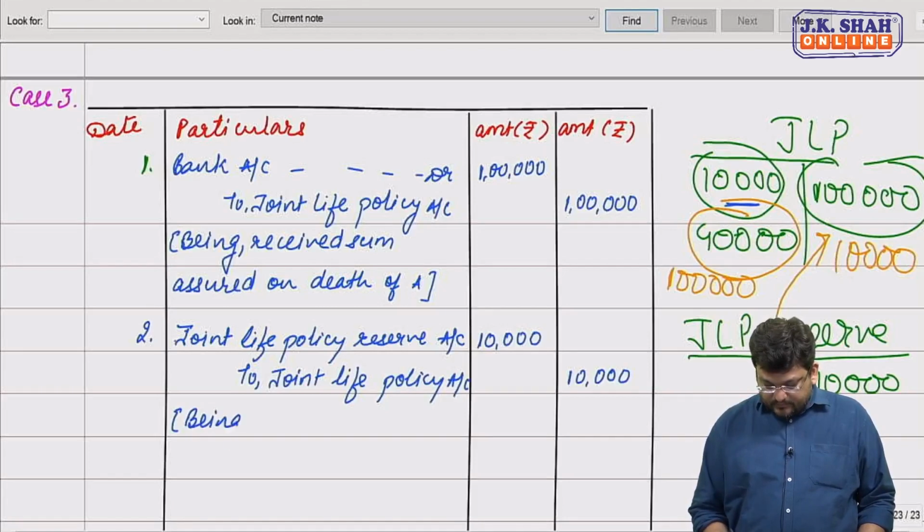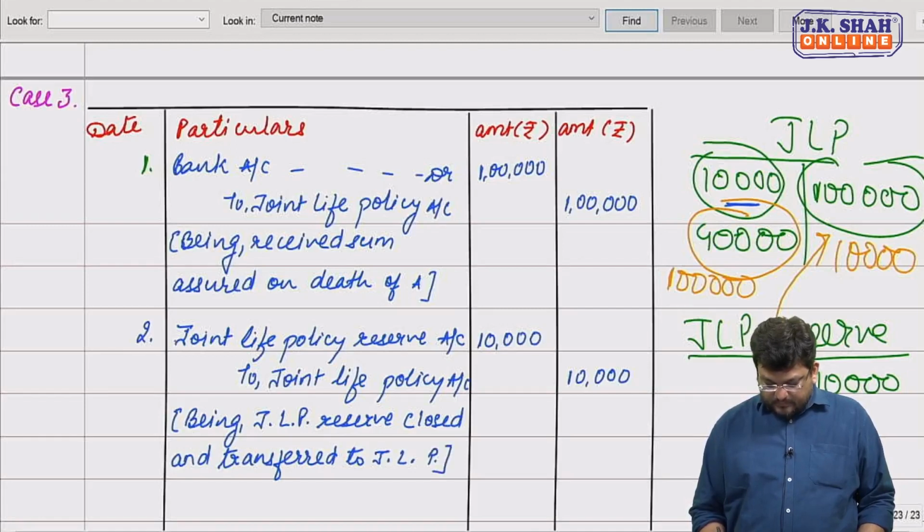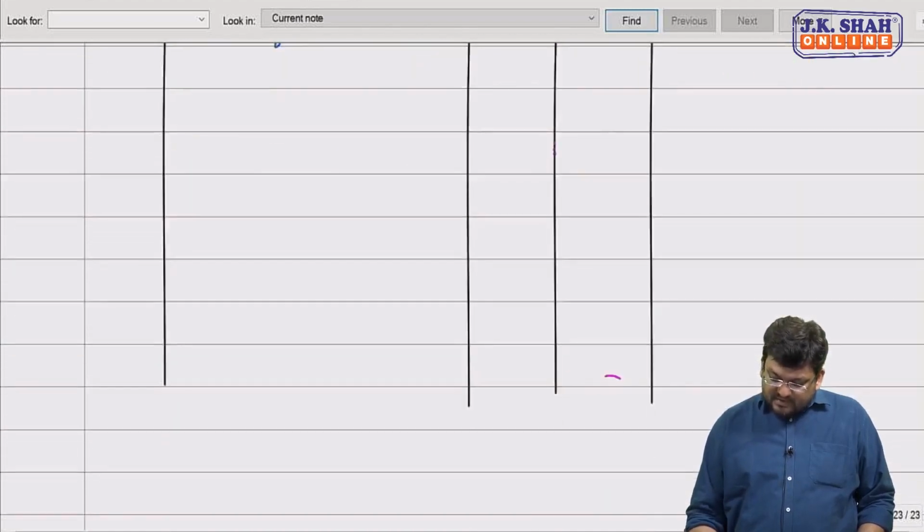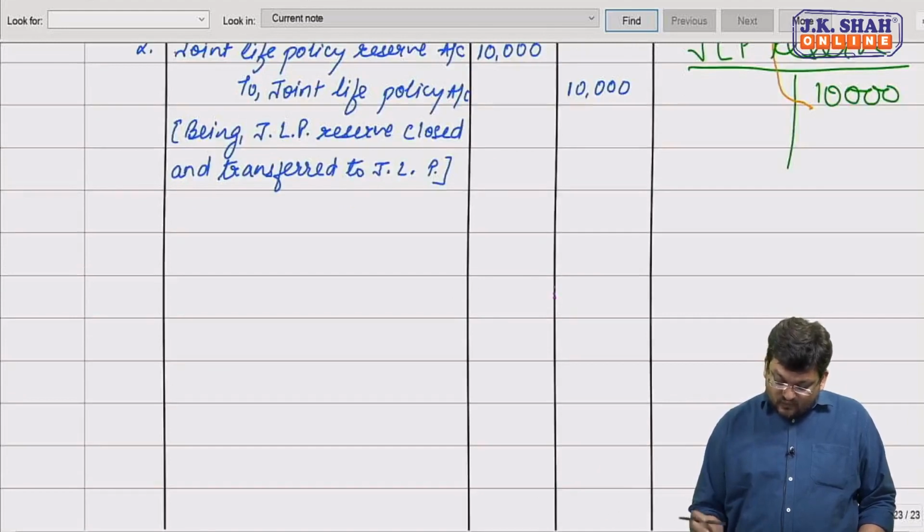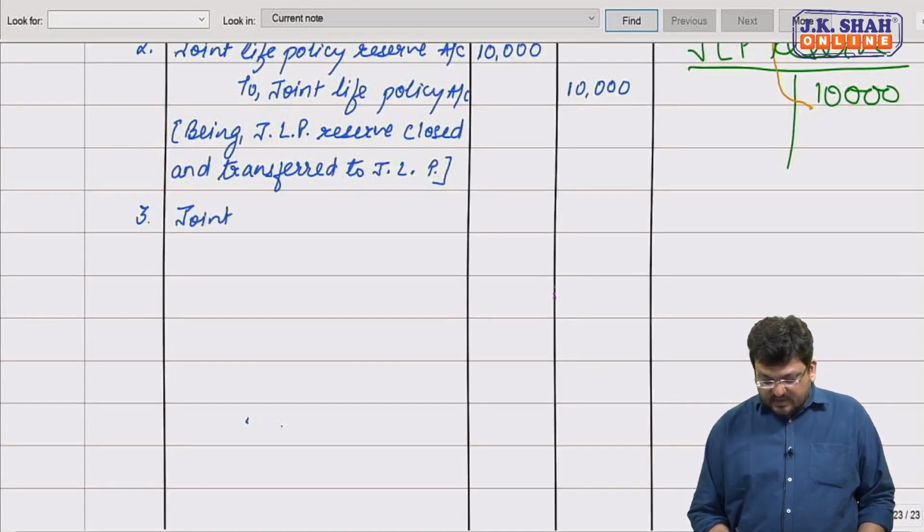Being JLP reserve closed and transferred to JLP account. And now the balance remaining in joint life policy, that is 1 lakh, will be distributed among partners. The profit now in joint life policy account is 1 lakh, which will now be distributed among partners.